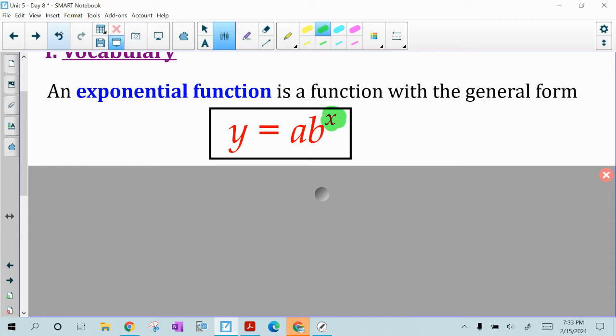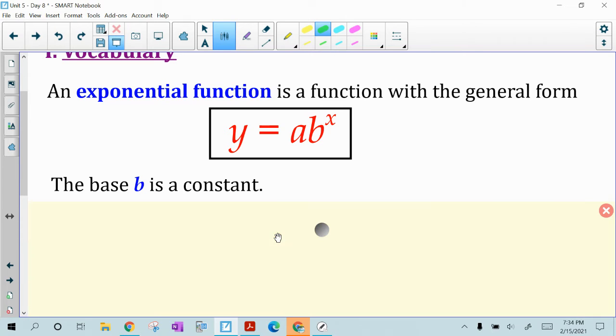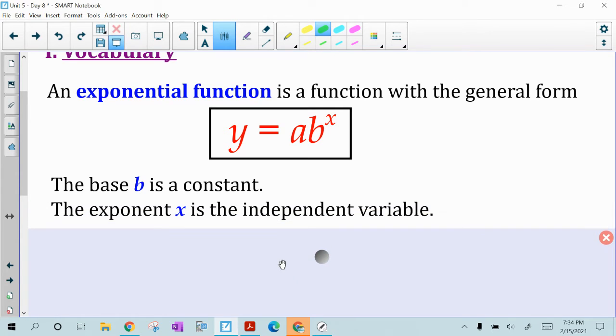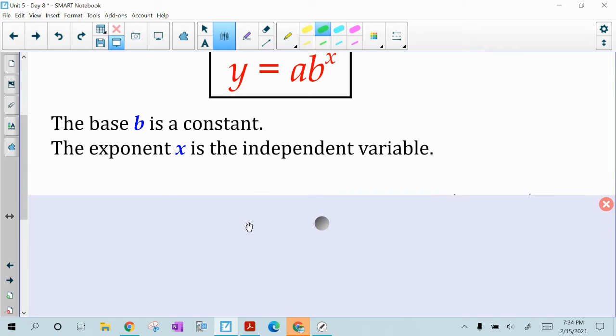That's really the big key thing that you need to be looking for, is find where the exponent is. Now we call b the base. It's the base of an exponent, and that can change depending upon the problem. We also have an exponent x. That's our independent variable that varies throughout the problem.